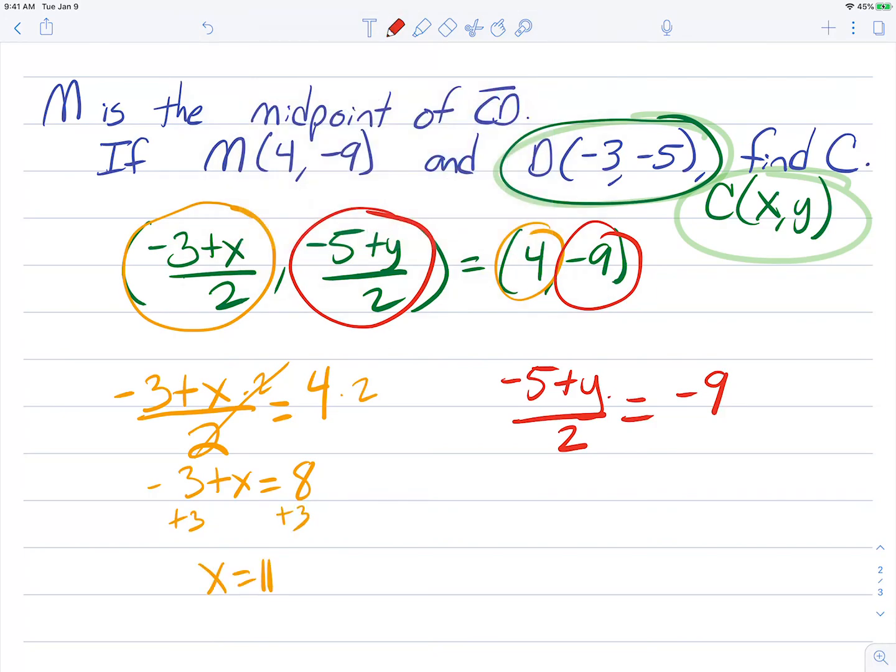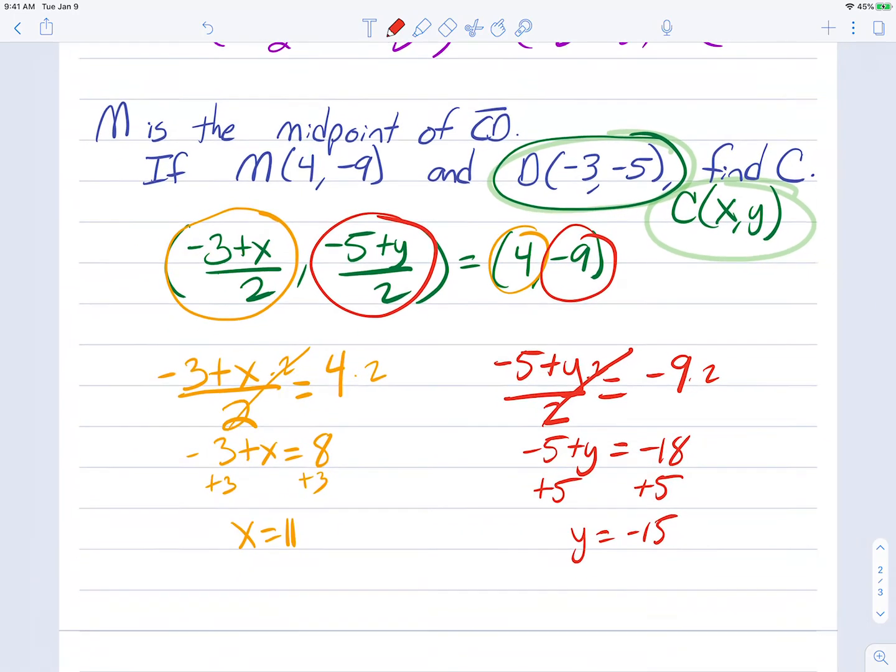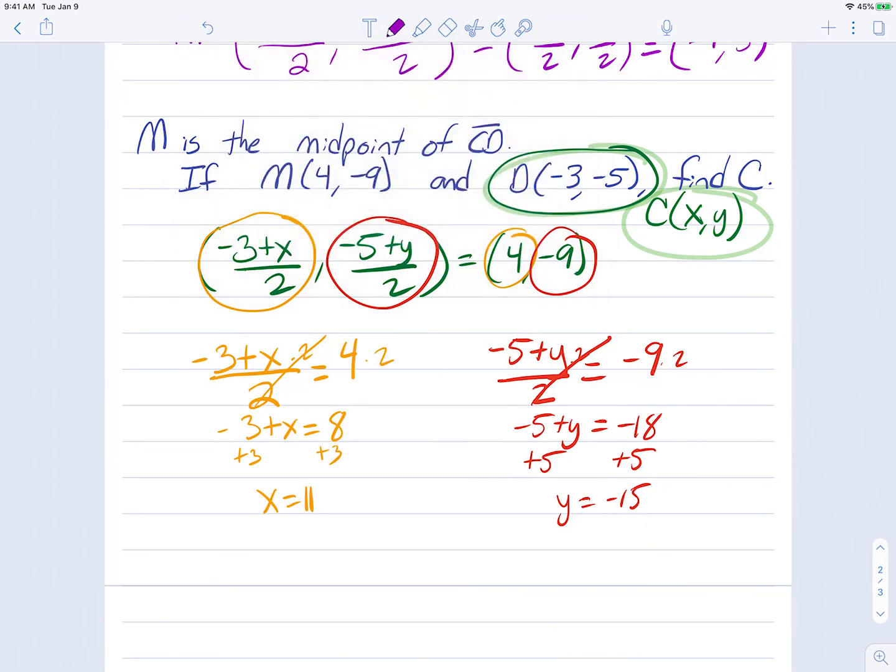And on the other one, if I multiply both sides by 2, I get -5 plus y equals -18. If I add 5 to both sides, I get y equals -13, which means that my missing coordinate that I originally did not know is the point 11, -15. So between 11, -15 and -3, -5 is the point 4, -9.